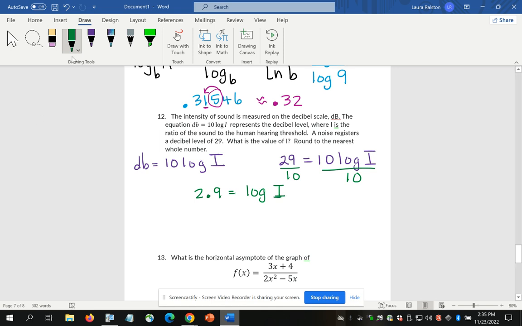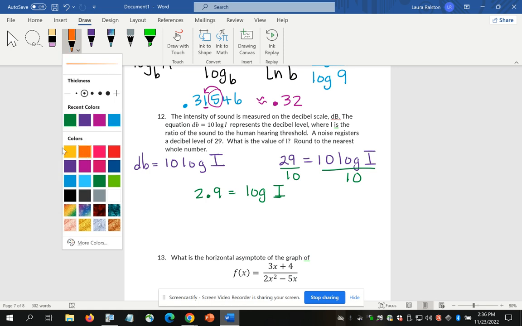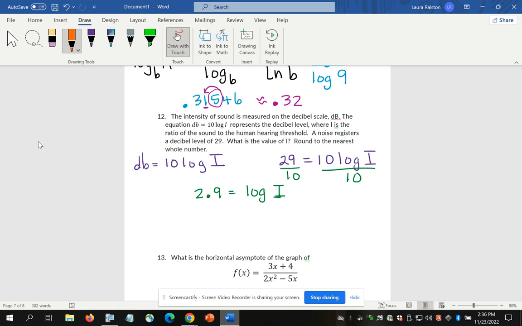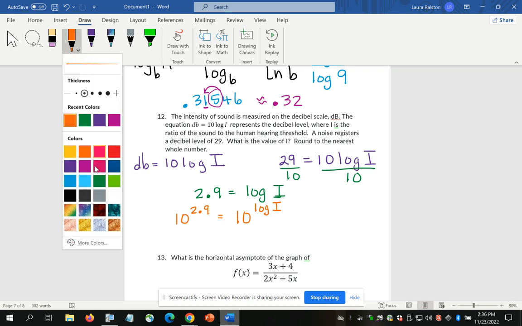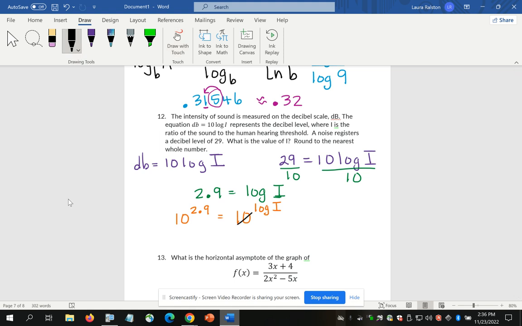Since it's log, which is base 10, and I have to use the inverse property, I'm going to raise both sides to the 10: 10 to the 2.9 equals 10 to the log of I. And again, the benefit of doing that, remember, is that the inverse property, exponential base 10 and logarithm base 10, will cancel one another off.